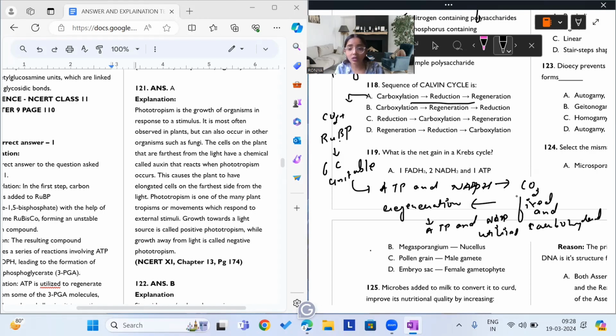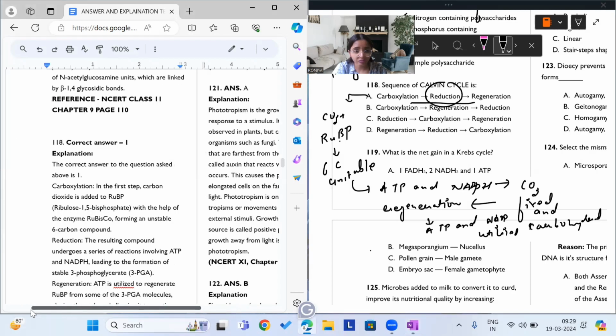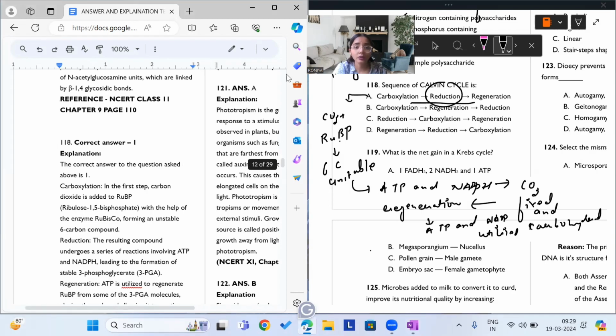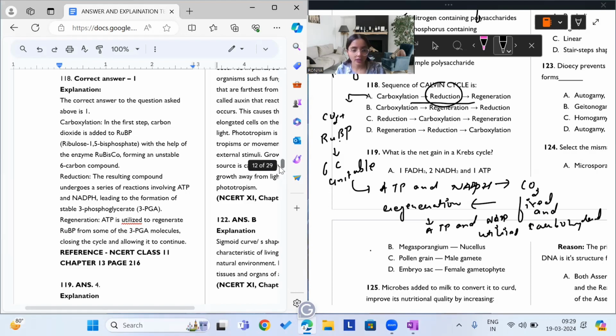During this process, the ATP and NADPH, which were utilized in the reduction process, are regenerated. Utilized in reduction process are regenerated during what? During regeneration.